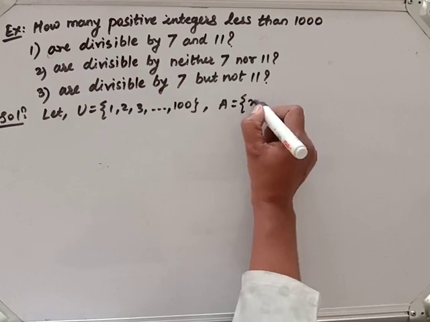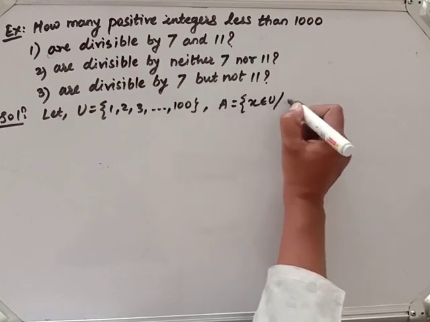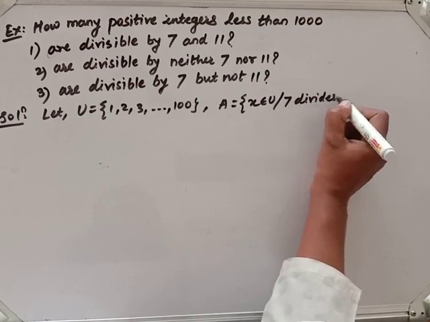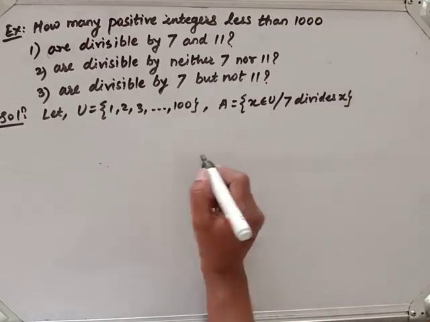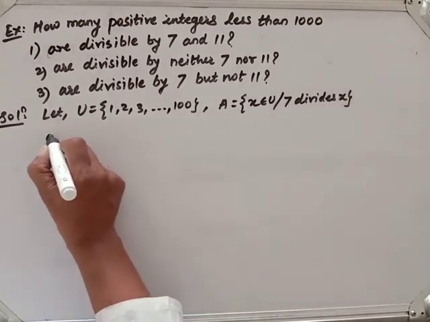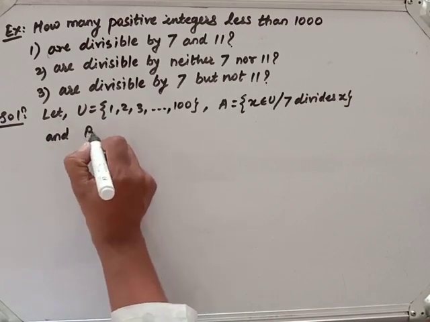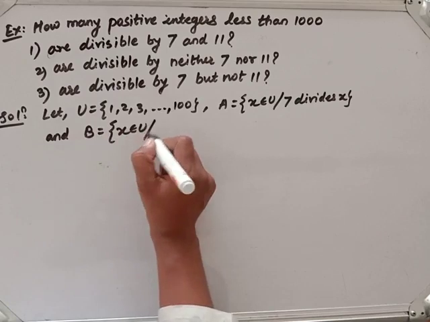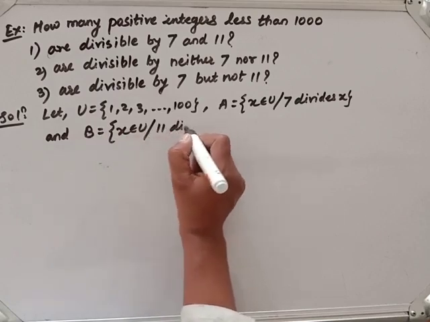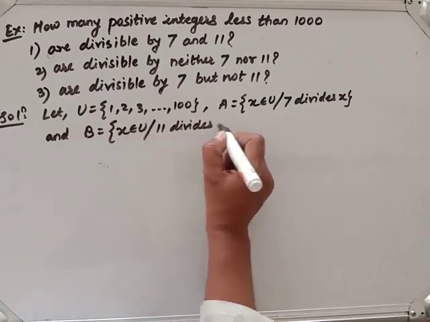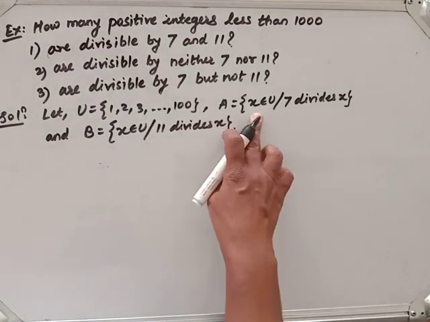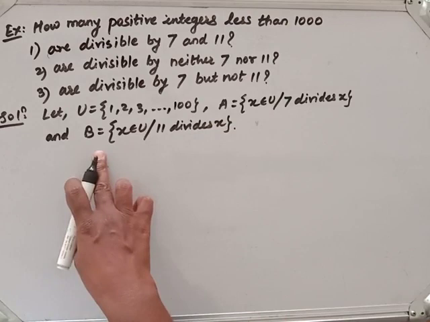So A is the set of X belonging to U such that 7 divides X, and B is the set of elements such that 11 divides X. This is the case. Now first of all, we need to determine the cardinality of A and the cardinality of B.